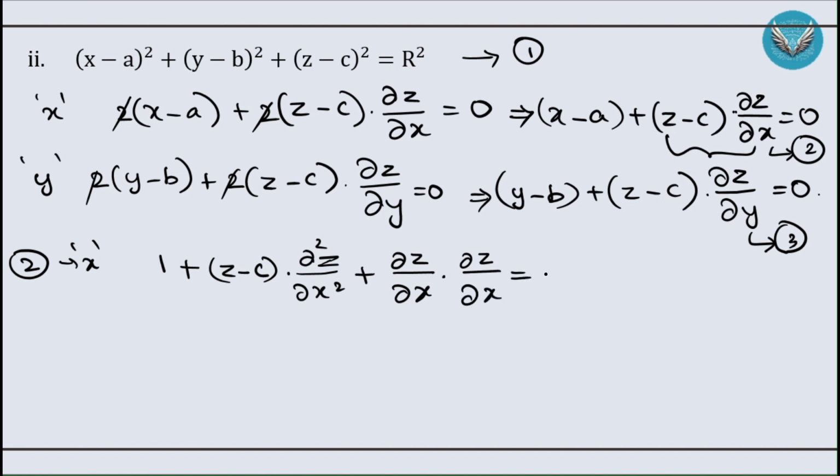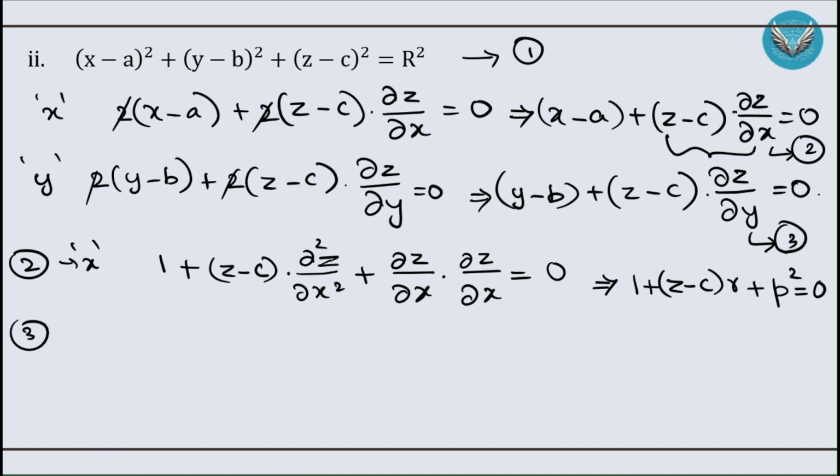So this equation can be written as 1 plus (z minus c) into r plus p square is equal to 0.